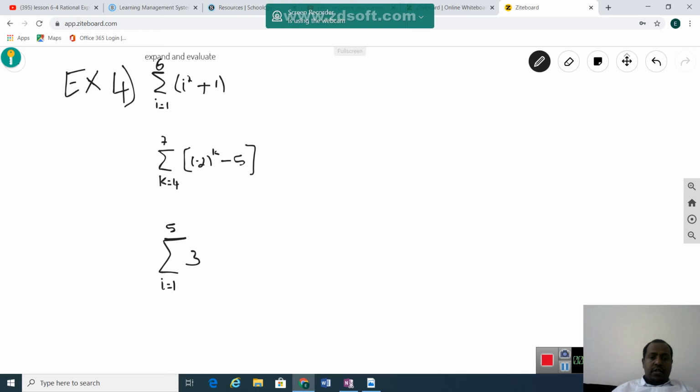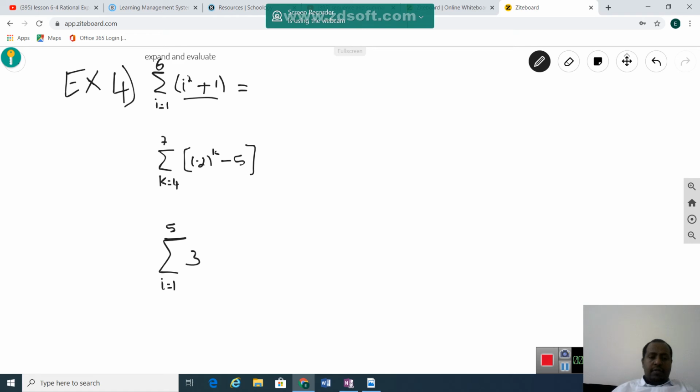The general term is given, i squared plus 1, where i runs from 1 to 6. So what we need to do is expand first. That means we need to plug all the positive integers from 1 to 6 into the expression i squared plus 1.